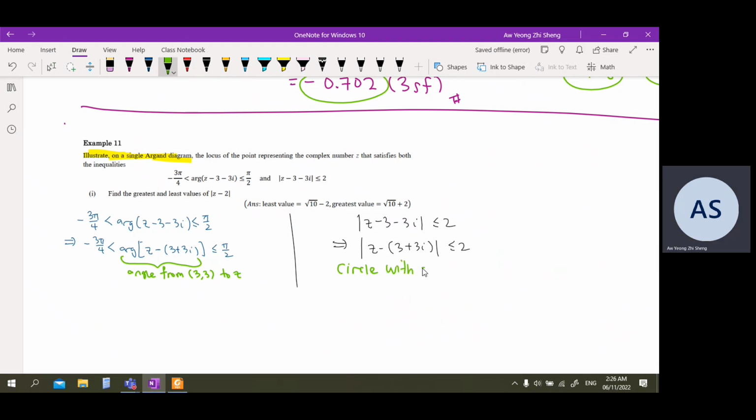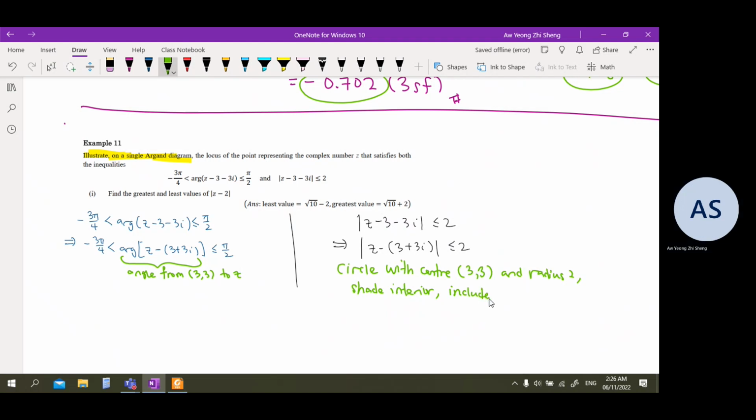Circle with center 3, 3 and radius 2. Shade the interior and include the circumference.